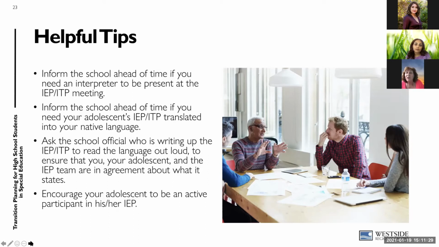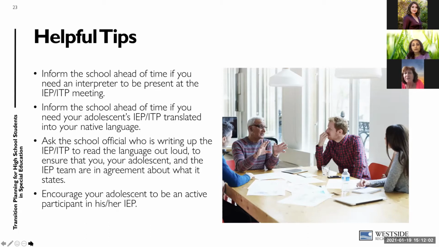And you want to make sure you encourage your adolescent to participate in the IEP. This is a really important step as they get older, because mom or dad isn't going to be around to advocate for them necessarily. So it's really good practice to have the student at the high school age speak up in terms of what their needs are, or what's important to them, or what they like to do, or what they're having difficulty with.